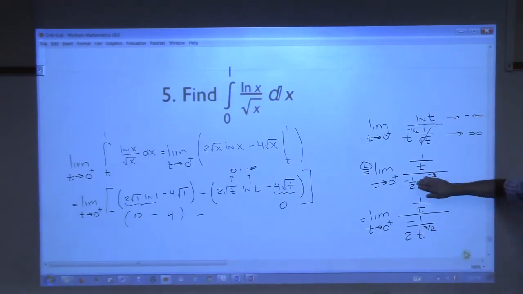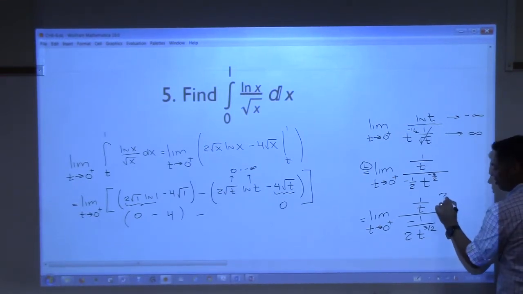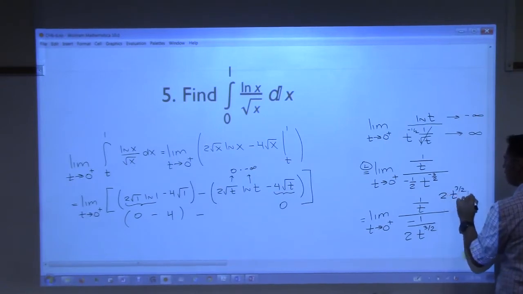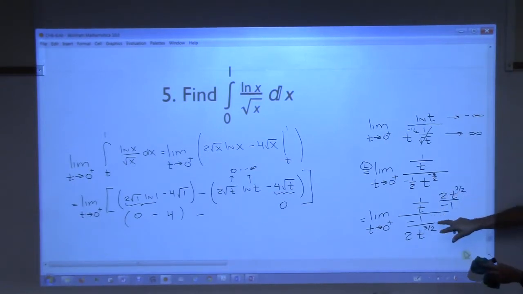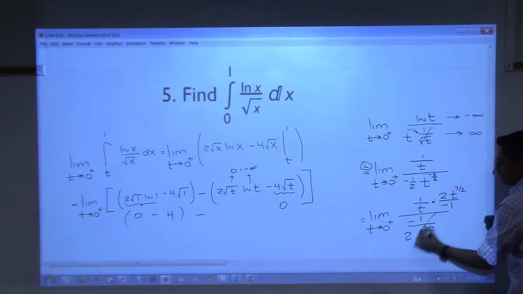So I'm looking at this as a fraction by itself down here. And I left the negative 1 on top. I dropped this t down with the 2. And I did that so I have a fraction over fraction so I can flip and reciprocate that up. So this becomes 2t to the 3/2 over negative 1. That's just me flipping that and bringing it up, multiplying instead of dividing.